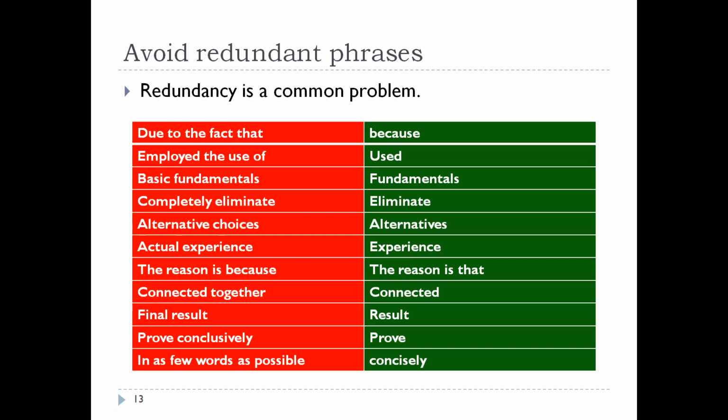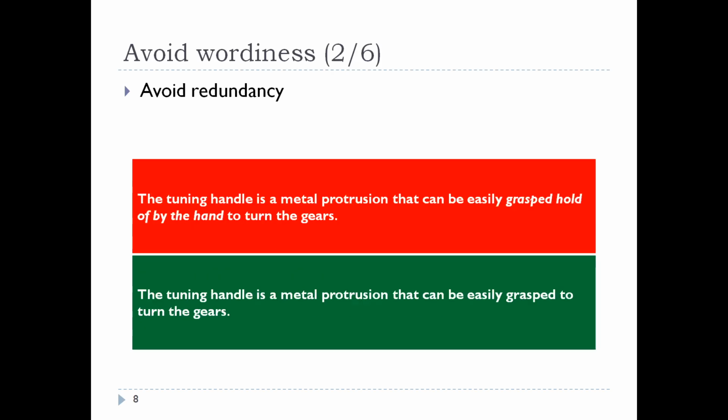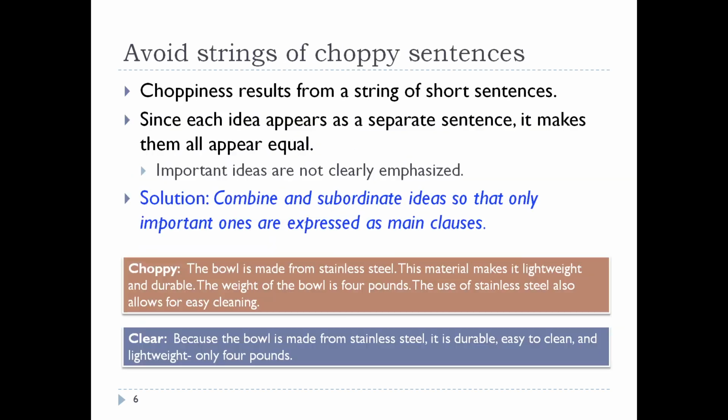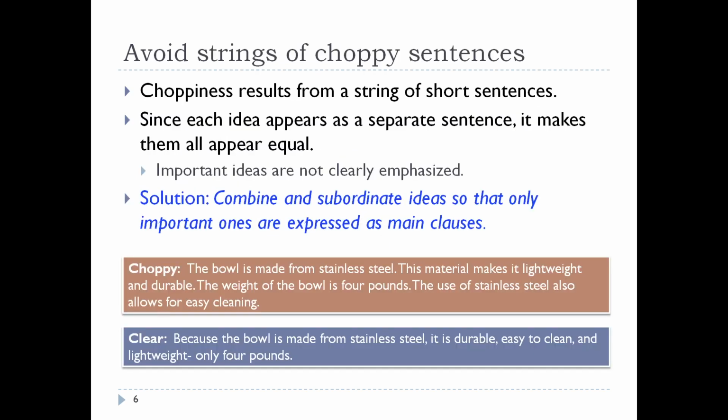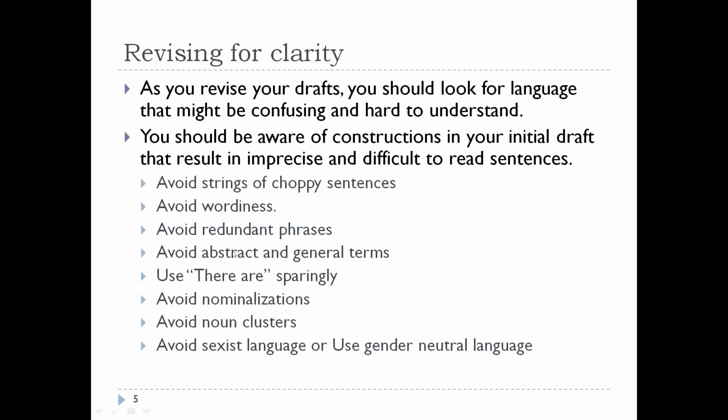The next thing that we talked about that we can do and we should do to avoid wordiness is by avoiding redundant phrases. Okay, so this was one. So first, avoid strings of choppy sentences, then avoid wordiness, and we looked at those different methods to do that. Third one is avoid redundant phrases.